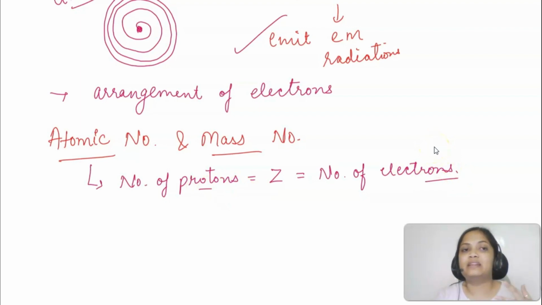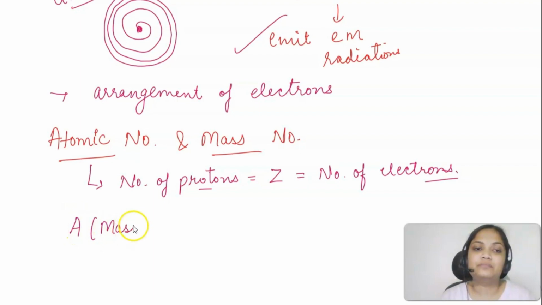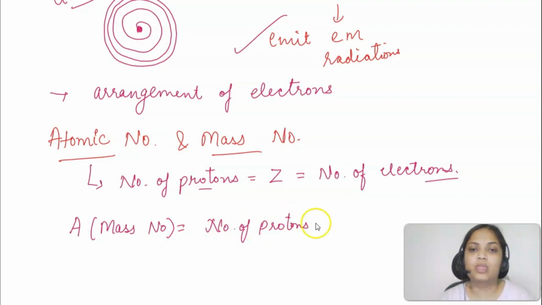But अगर मैं atom के mass की बात करूँ, so mass depends on the protons as well as neutrons, क्योंकि अभी हमने देखा कि the mass of proton and neutron is approximately 1 u. So the mass number, which is denoted by A, it is equal to the number of protons plus the number of neutrons present in the atom.